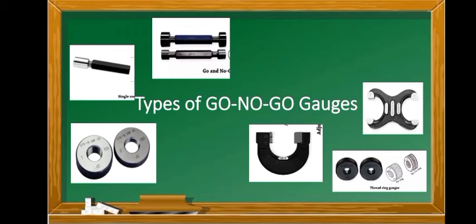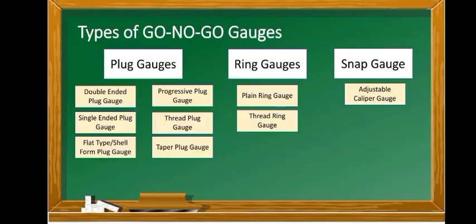So there are different types of go-no-go gauges. These types are the plug gauges, ring gauges, and snap gauges, and each type has its corresponding kinds. Plug gauges are double-ended, single-ended, flat type or shell form, progressive, thread, and taper plug gauges.